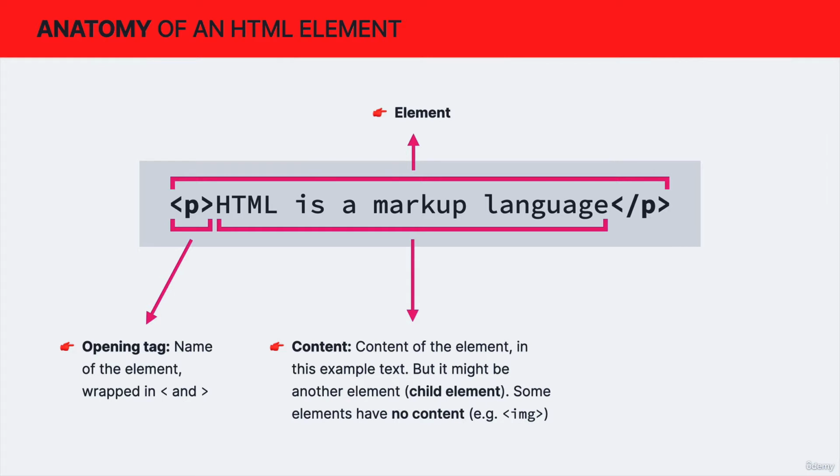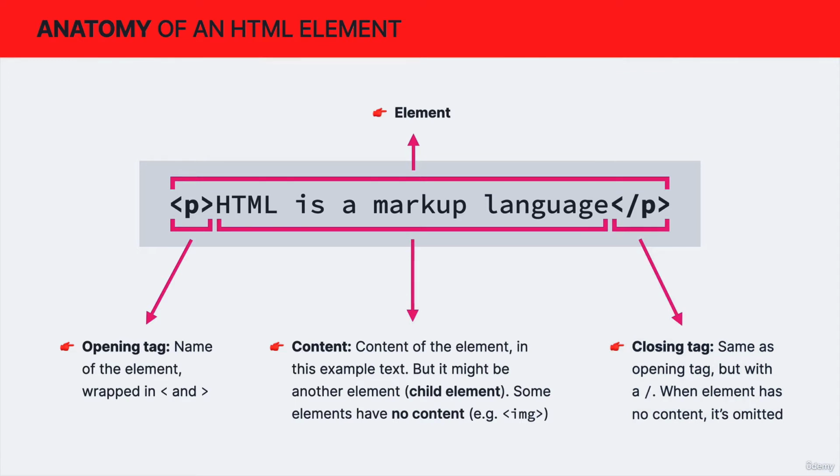This is just so that you know what I'm talking about when I speak of opening tag or closing tag or content. And speaking of the closing tag, it is basically the same as the opening tag, but with a slash. So we open this paragraph element simply with the P, and we then close it with /P. Okay? Now for elements that do not have content, such as the image element that I mentioned before, we actually omit the closing tag.